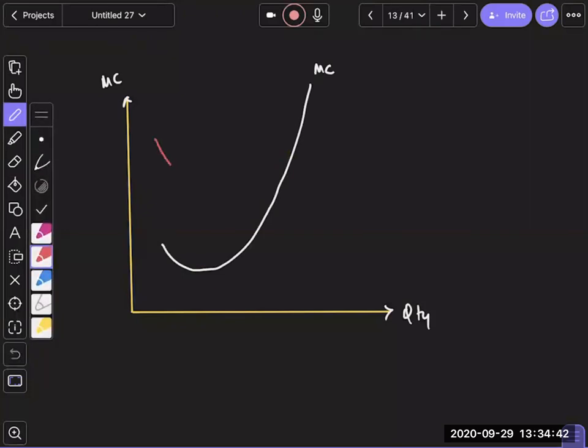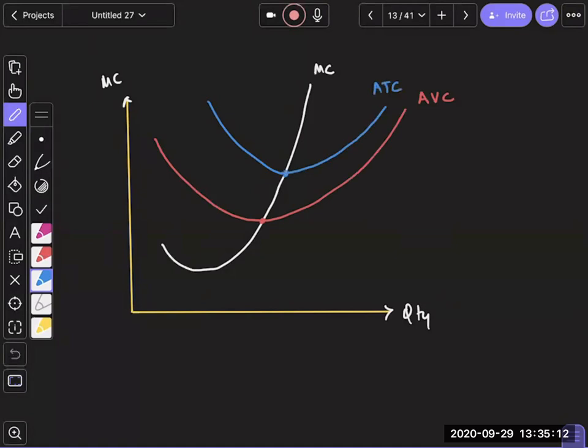AVC will fall, and as soon as it meets marginal cost, it's going to go up. Okay, ATC will fall, and as soon as it meets MC, it starts to go up. But the gap between ATC and AVC is shrinking.